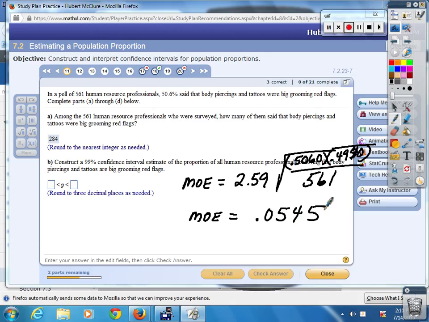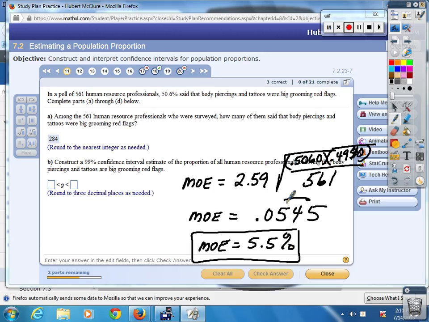So margin of error is equal to 5.5%. Now, y'all use the exact value in your homework, but I'm going to use 5.5 up here, because I'm not going to try to do that in my head. So we got 50.6, that's 51%. 51% plus this would be 56.5.